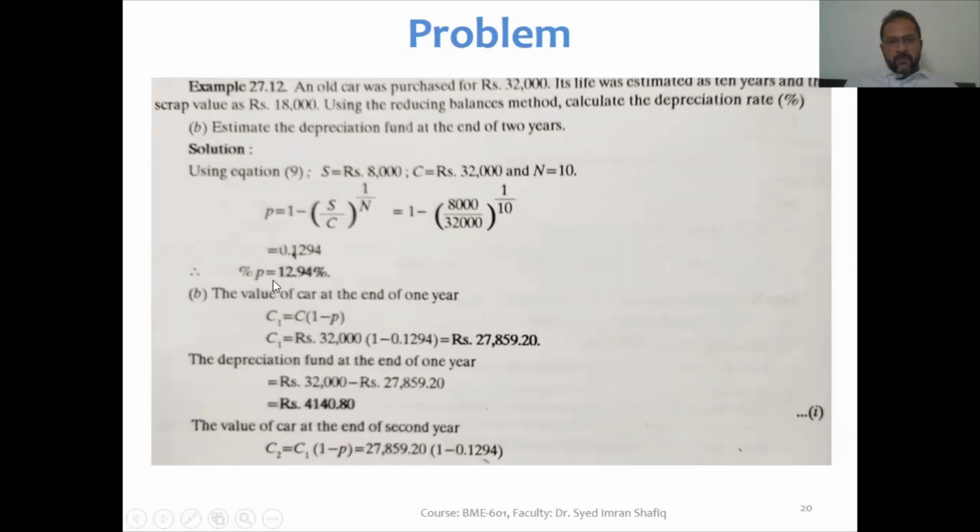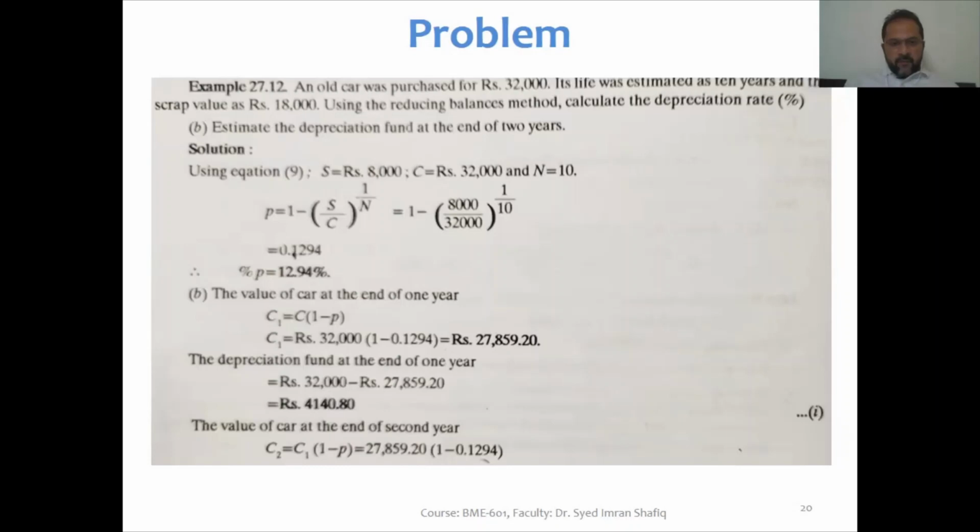It comes out to be 27,859.20. And the depreciation fund at the end of 1 year will be 32,000 minus the value of the car. It comes out to be 4,140.80.